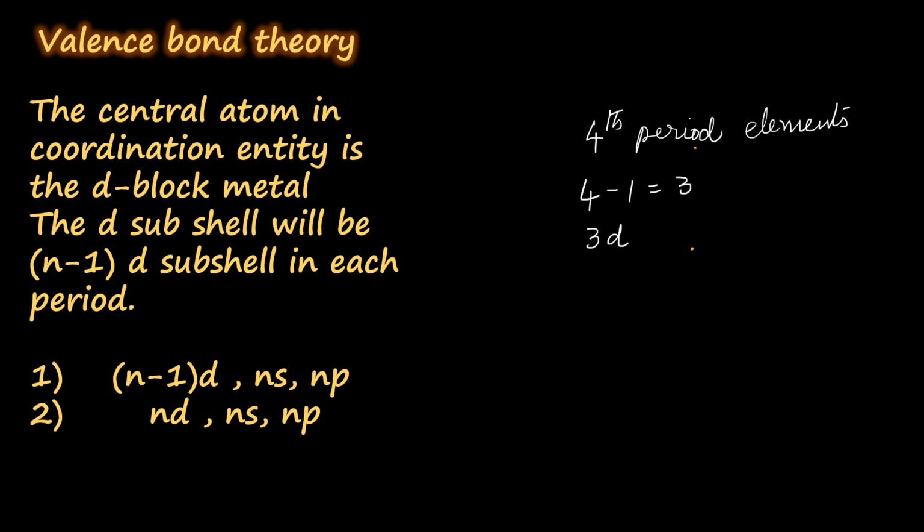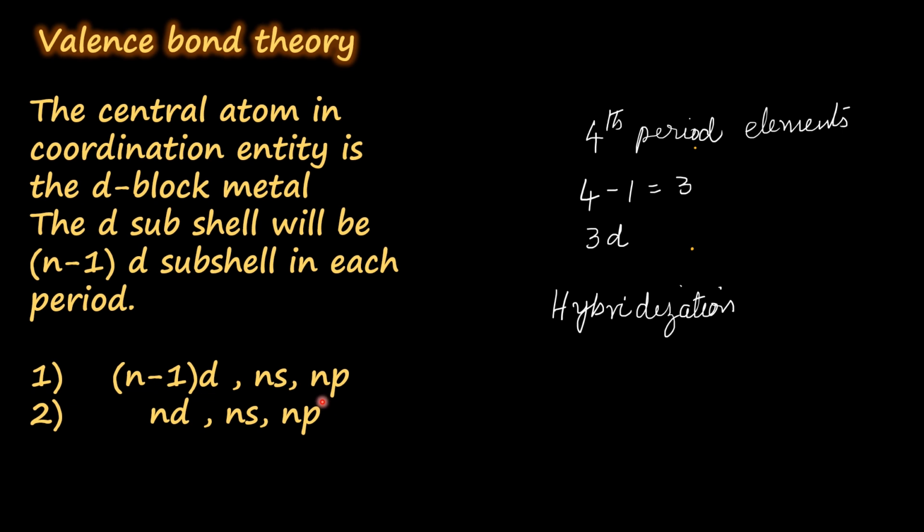Similarly, for the subsequent periods as well. Hybridization in the d block metals may take place in two different ways. The inner orbital (n-1)d, the ns and np might hybridize. Only the required number of orbitals, that is orientations, will take part in hybridization.